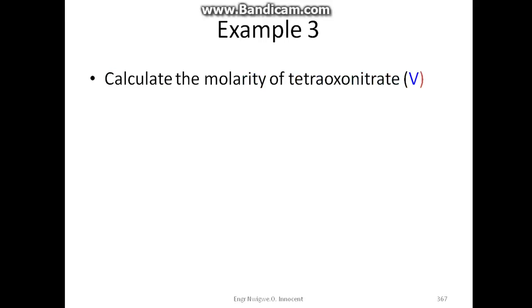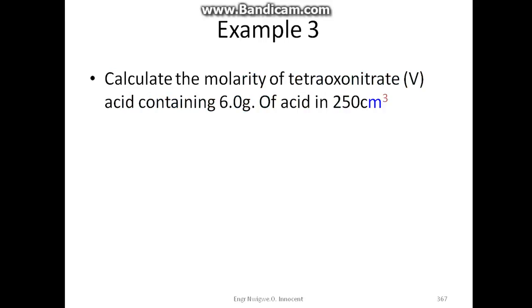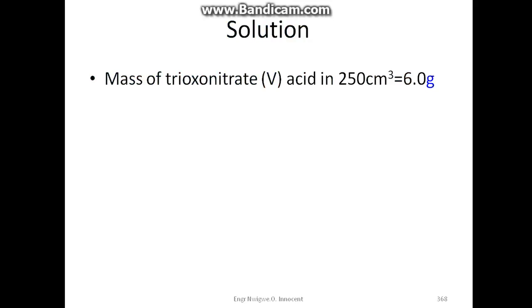Example 3. Calculate the molarity of trioxonitrate(V) acid containing 6.0 gram of acid in 250 cm cube. Solution. Mass of trioxonitrate(V) acid in 250 cm cube is equal to 6.0 gram.